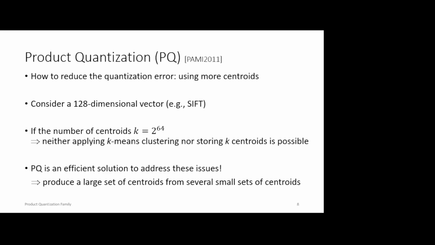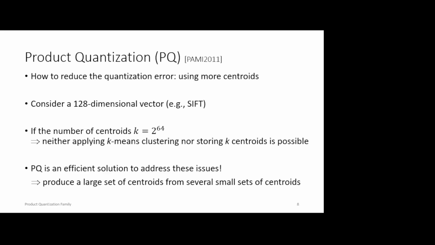So if we want to generate 2 to the 64 centroids, can we use K-means clustering? No, impossible. It cannot run. But PQ can do it. You can use PQ to achieve this goal.